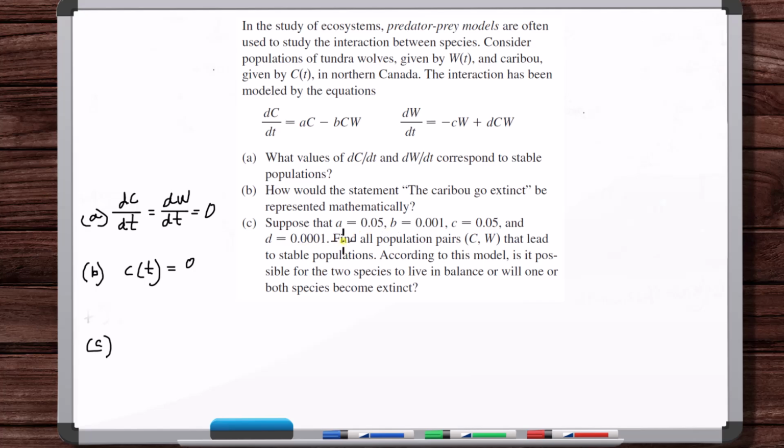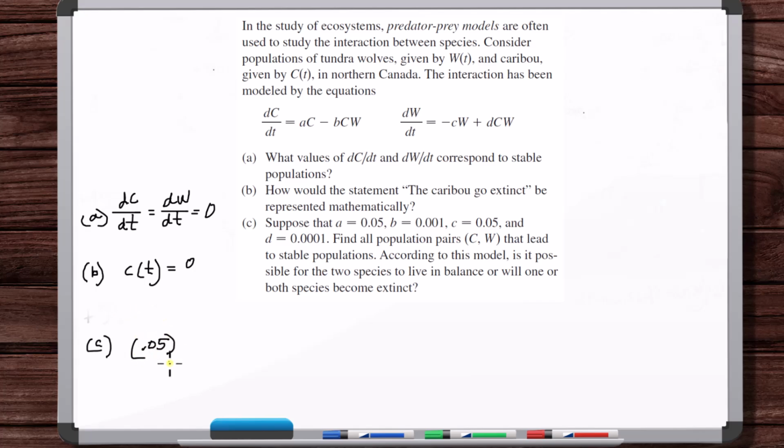Let's see what the results for stable populations give us. The idea is, can we have dC/dt and dW/dt be equal to 0, meaning it's perfectly in balance, but at the same time W and C can't be 0. Neither W nor C can be 0 while dC/dt and dW/dt are equal to 0.